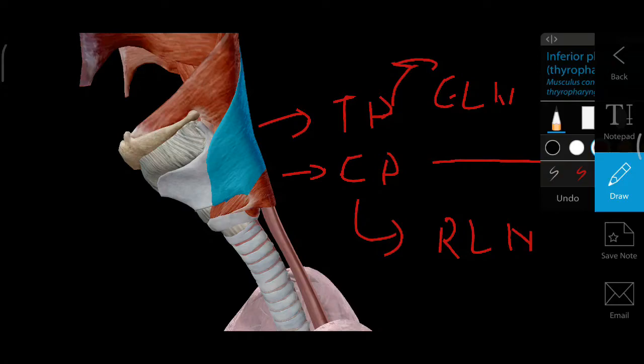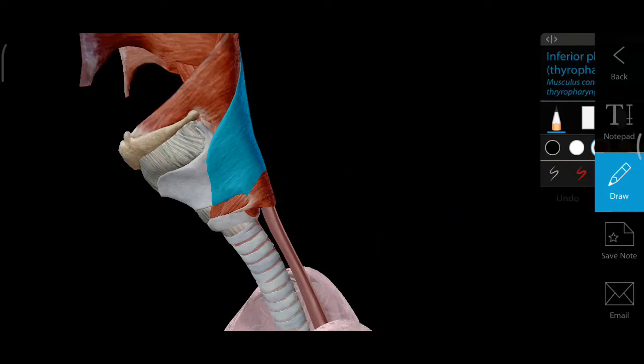So now we're going to see what is the function of these constrictors. As these constrictors have oblique fibers, when they contract, they push the food downwards.